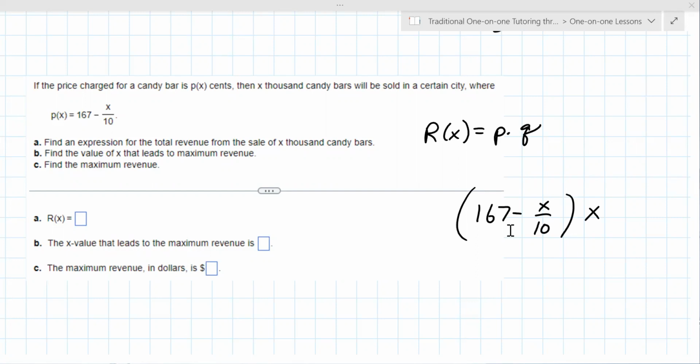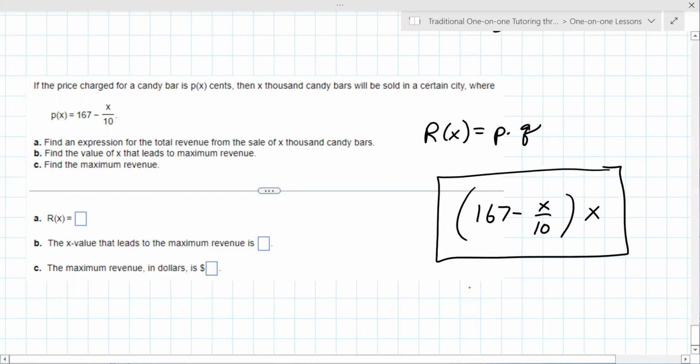I'm thinking we should multiply by 100, but I don't see that for this. Maybe you convert it at the end. So we're going to go with this for now. This is part A that I'm boxing in, or you can distribute and get 167x minus x squared over 10. Those are also correct for A.